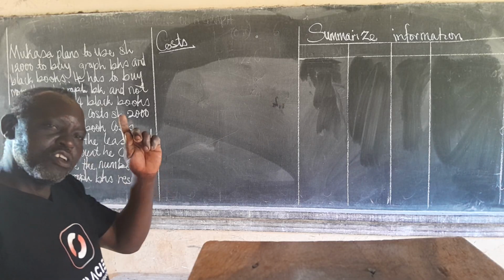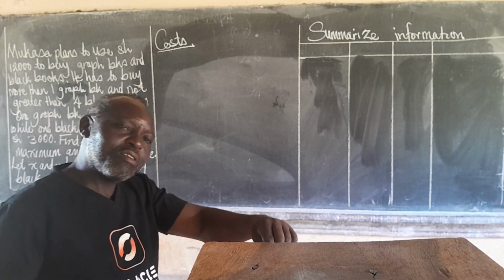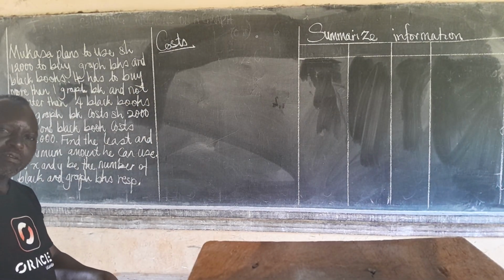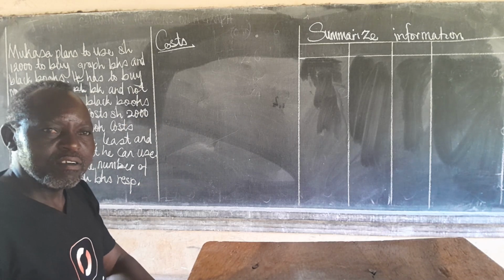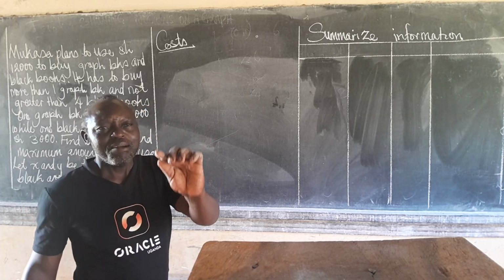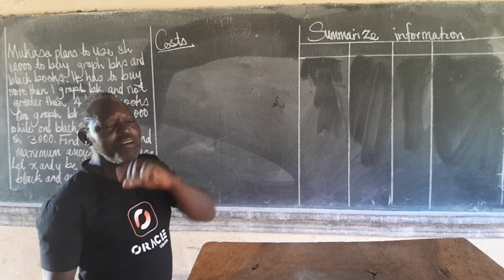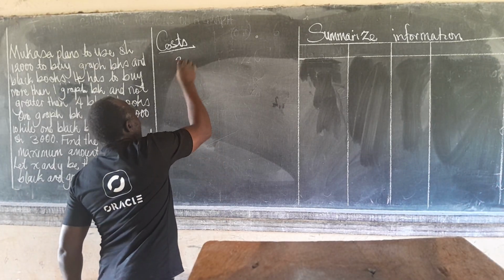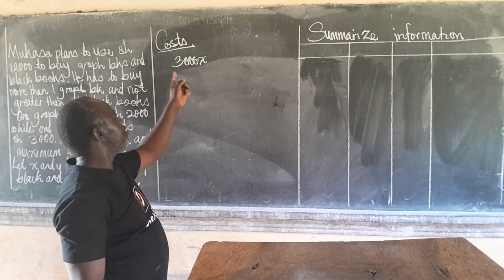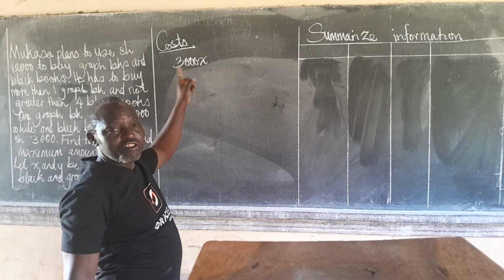If we buy 2 graph books, it has to be 2 times the cost per graph book. But now here we have X black books and Y graph books. The cost per black book is 3,000, so we are going to say 3,000X. Why? Because X is the number of black books and 3,000 is the cost per black book.